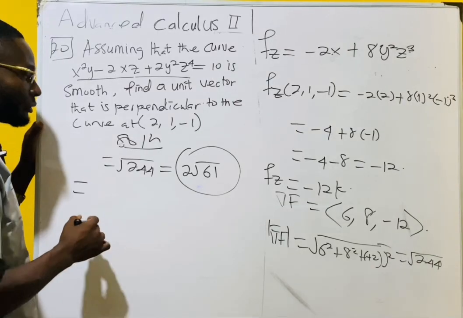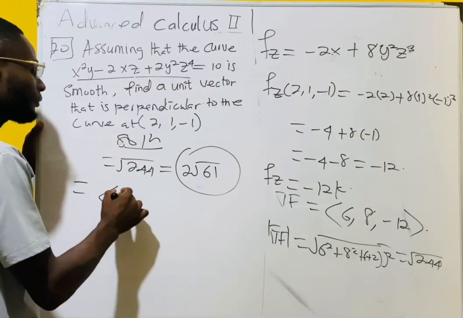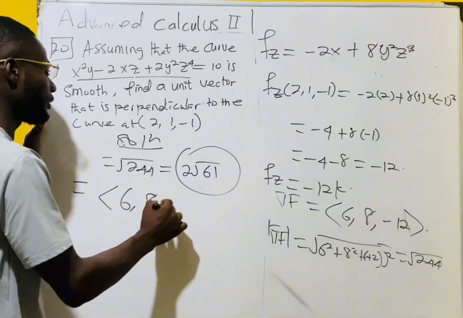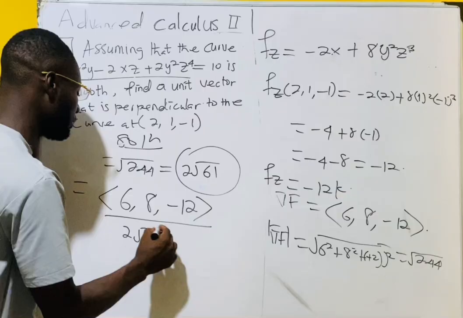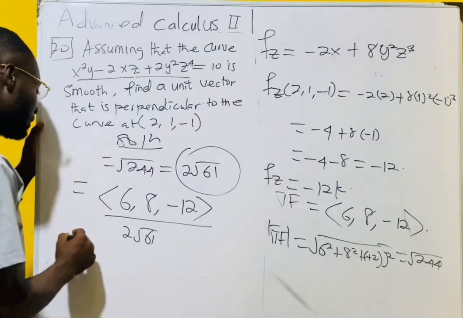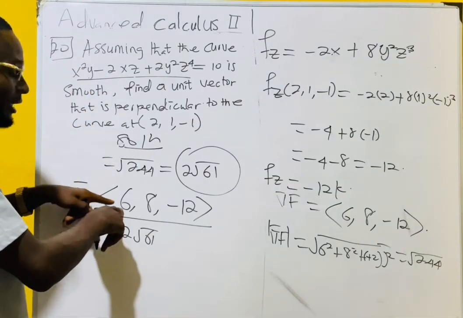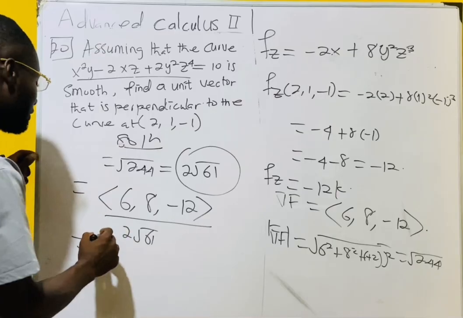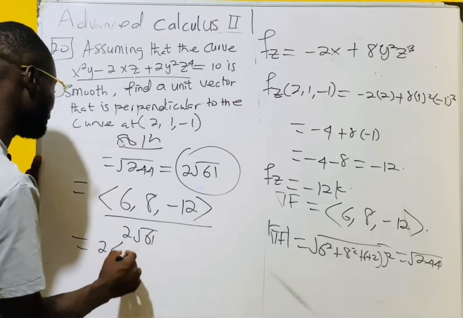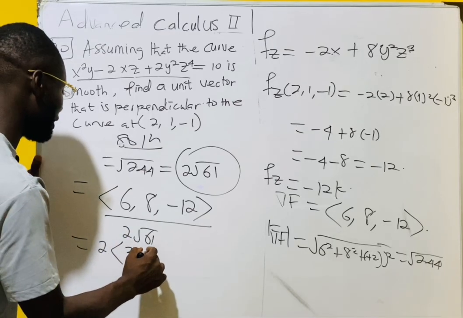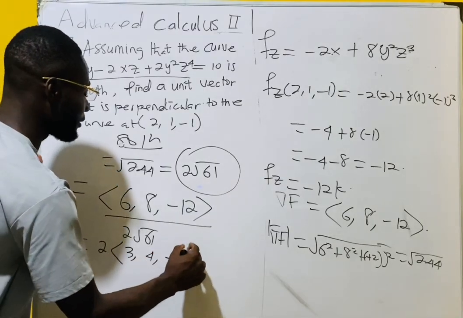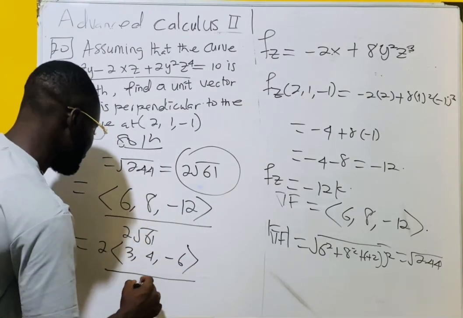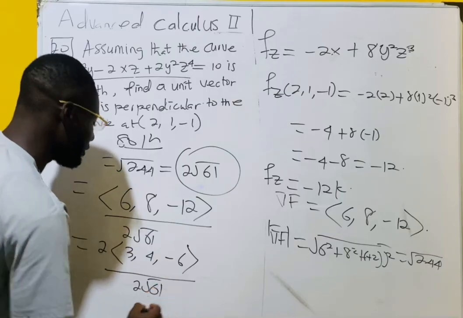So that will be equal to (6, 8, negative 12) all over 2 square root of 61. This is the same as when we factor 2 out here, we have 2 out, (3, 4, negative 6), all over 2 square root of 61.